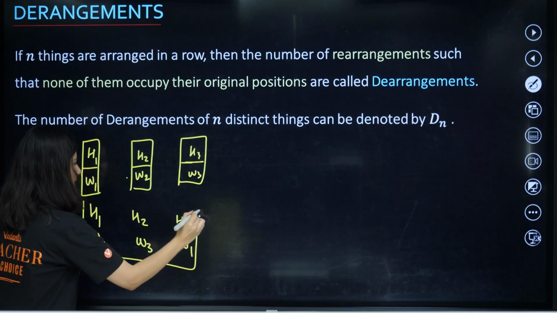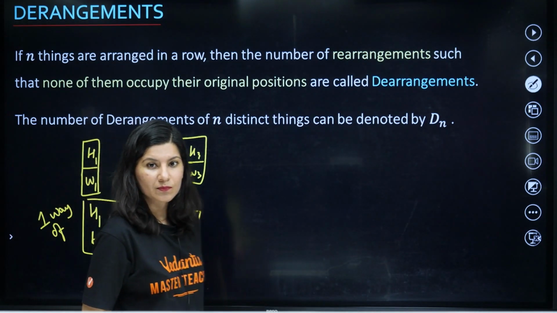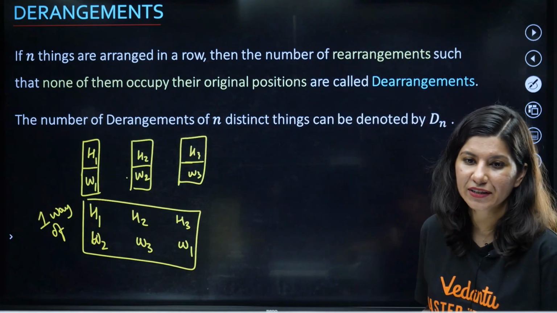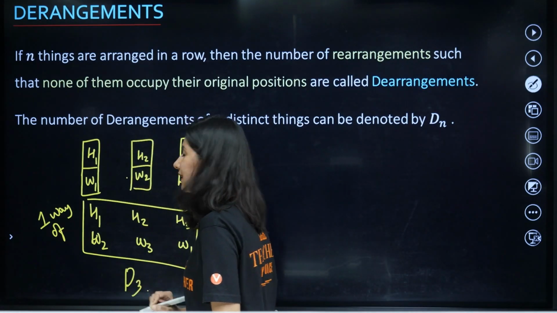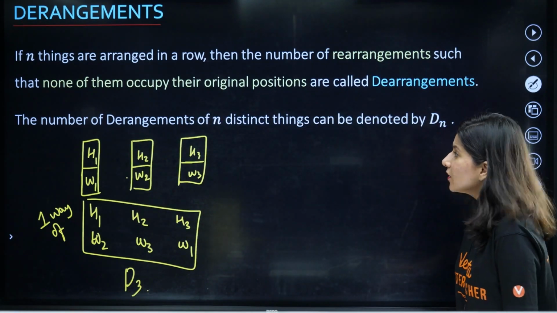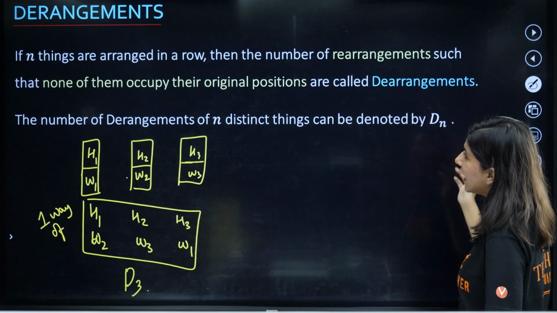This is one way of deranging 3 couples, 3 things basically. So we call it D3. The number of derangements of n distinct things is denoted by Dn, right?